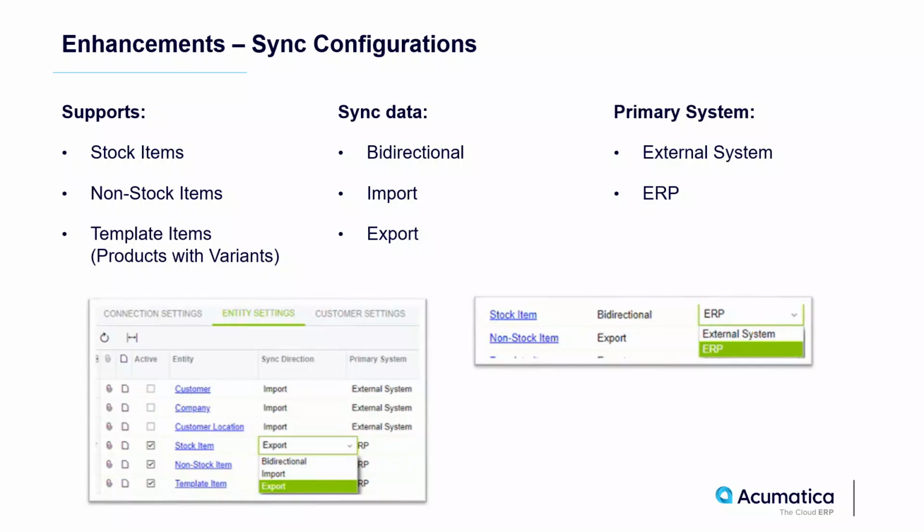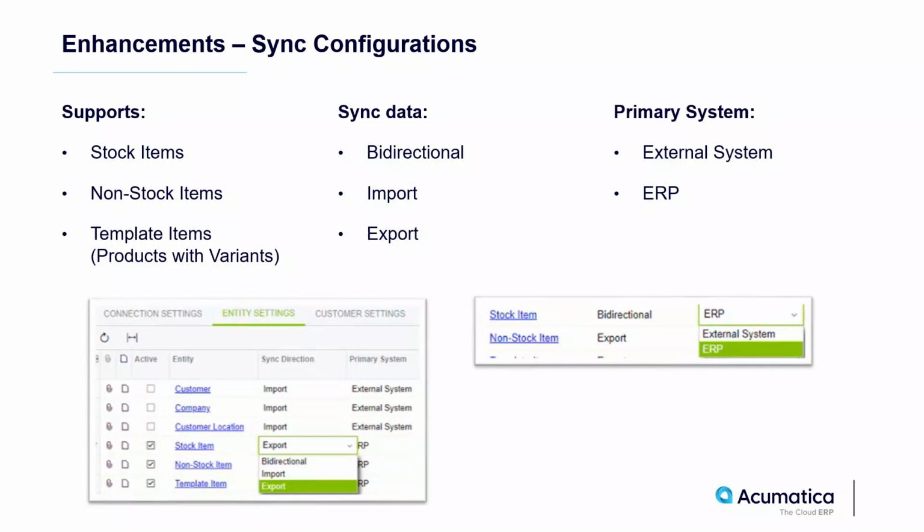So in the past, you could just export products from Acumatica to Shopify or BigCommerce. That would establish a sync if you already had products out there. But now we also offer a bi-directional sync and the import sync. So if you just want to import products from your external system, maybe that external system is where your entire marketing team manages information about the products, and you just want to constantly be importing information from e-commerce into Acumatica, you can do that now.